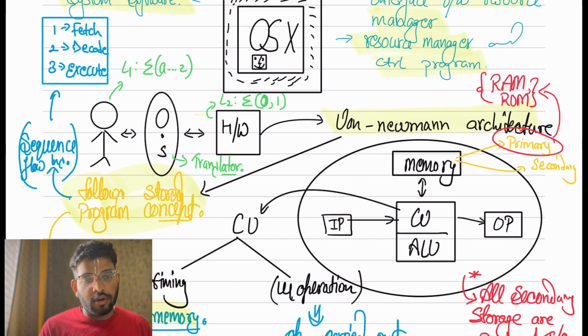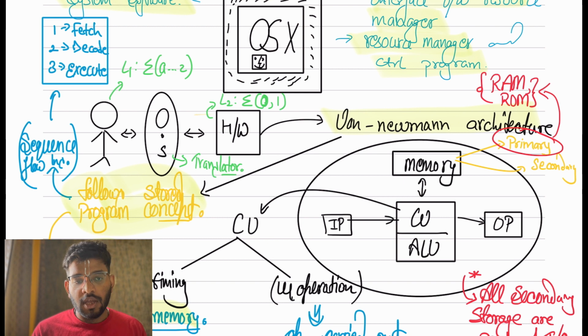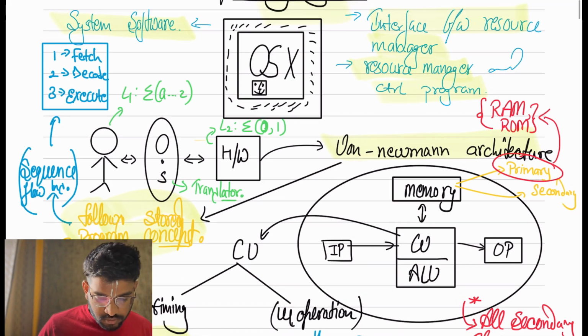No program can be executed if it lies in the secondary storage. It has to be in the main memory, or some part of it has to be. And while executing, if the operating system requires a part that is not in the main memory, it generates an interrupt, and that part will move from secondary storage to main memory, and then the CPU serves the request for that part of our program.